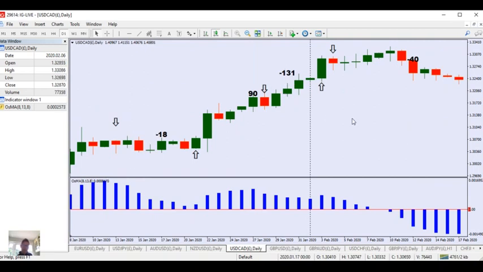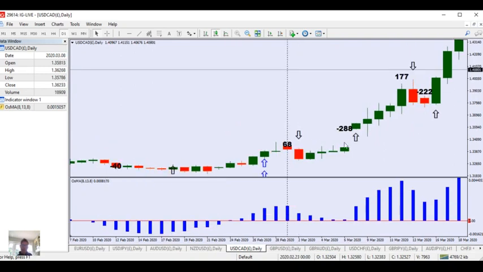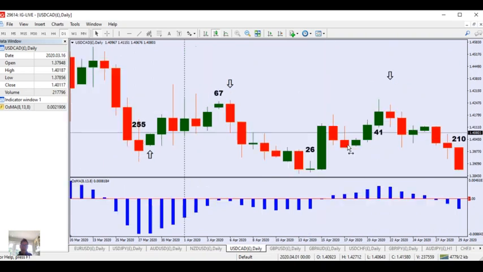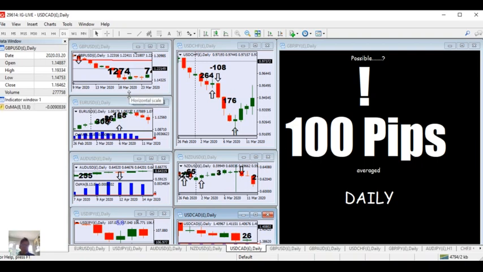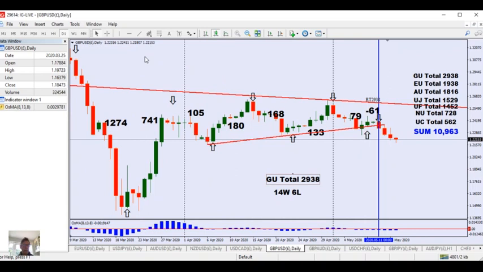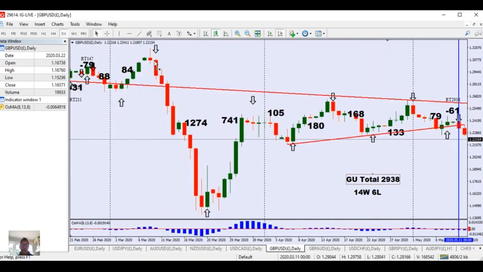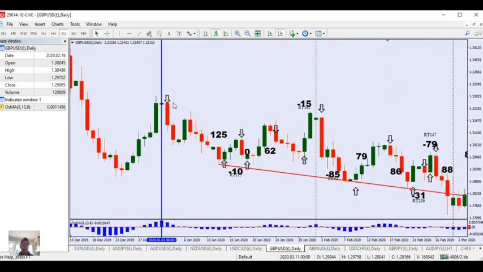So you had a 131 drawdown there, a 288, and these are big amounts, 222. I wouldn't want to take a drawdown of 200 points or even 100 points, so I'd probably stay away from that pair altogether. But this is just to show theoretically what might be possible.